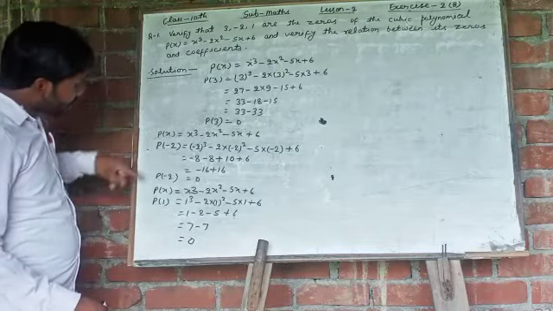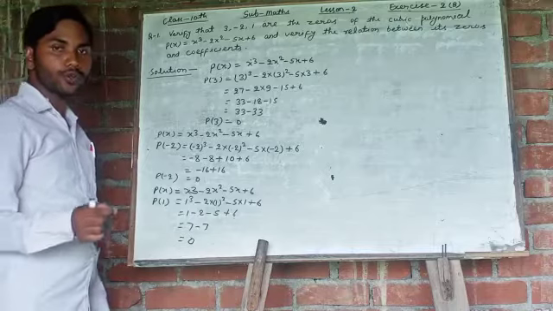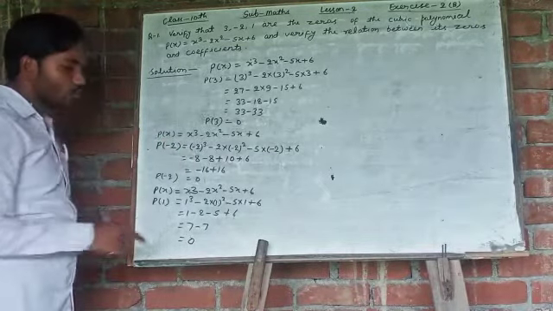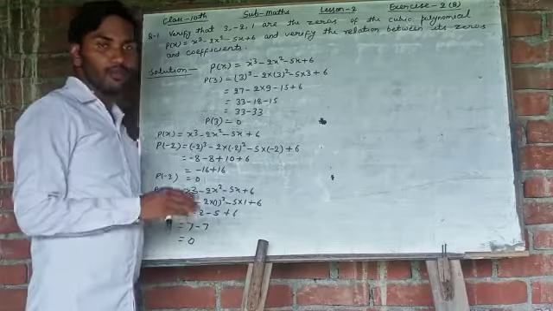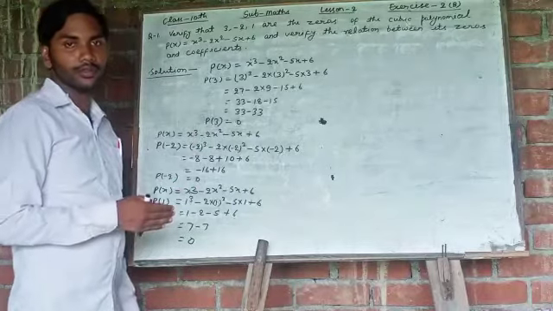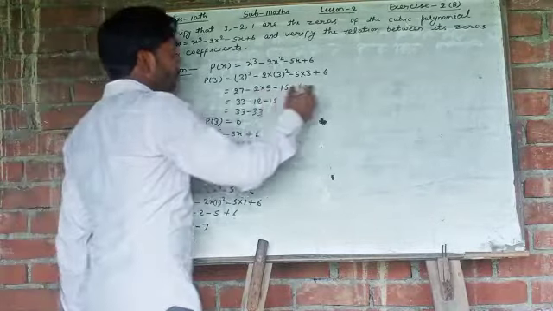So in all three cases, when we put x = 3, x = -2 and x = 1, we got the value of the polynomial as 0. So the given values are the zeros of the polynomial.